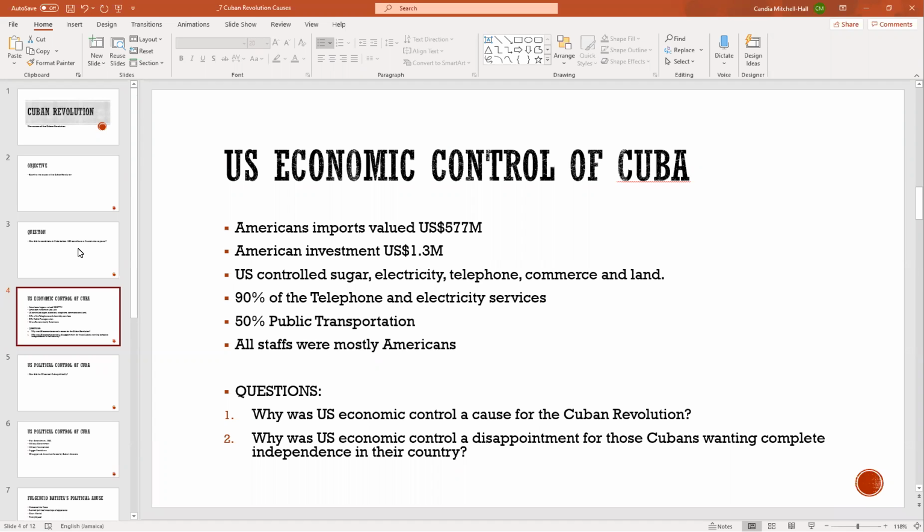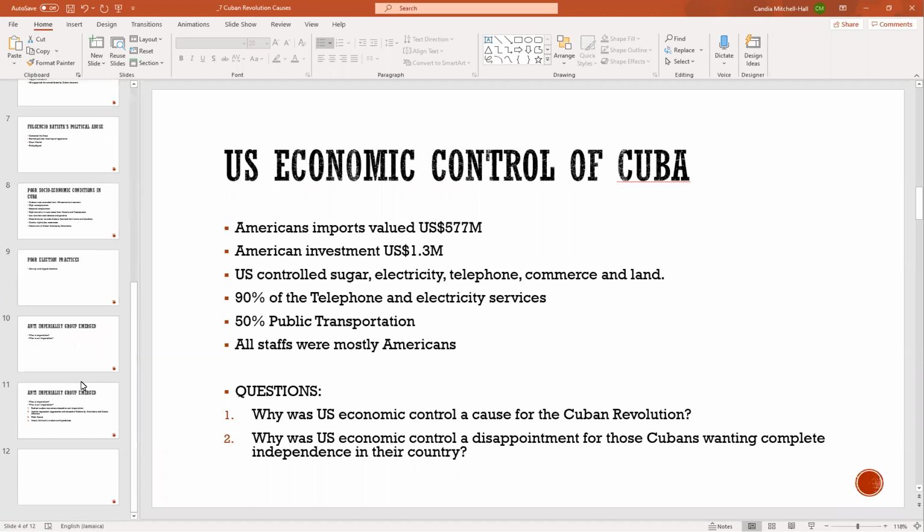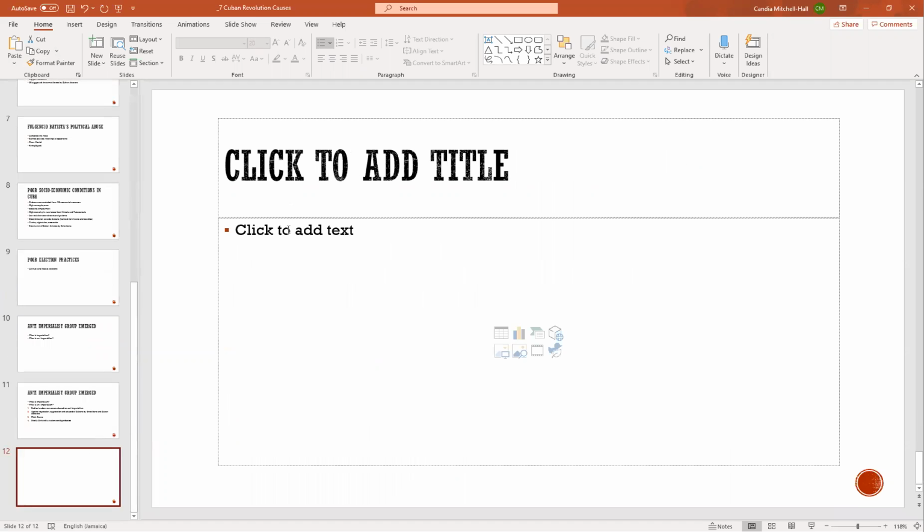So for example, the question here is, explain 3 political measures taken by Fidel Castro which contributed to the survival of the 1959 Cuban Revolution. Past paper question. You PEEL that question.